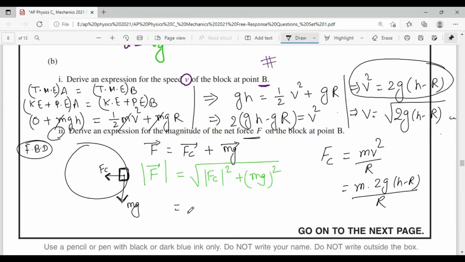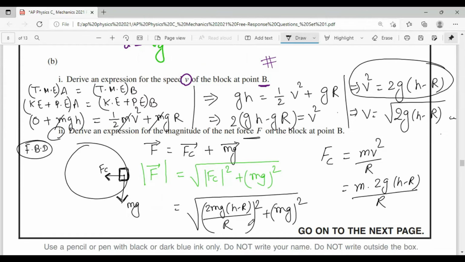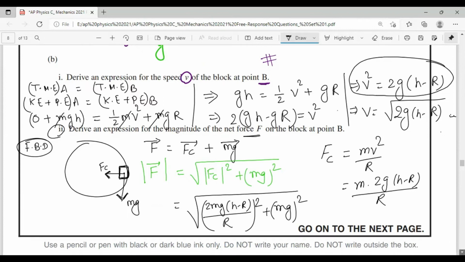So the net force is equal to the square root of (2mg(h minus r)/r) whole squared plus (mg) whole squared, right? So this will be the expression for your net force. Let us see the next part.